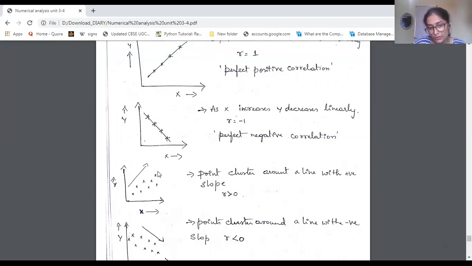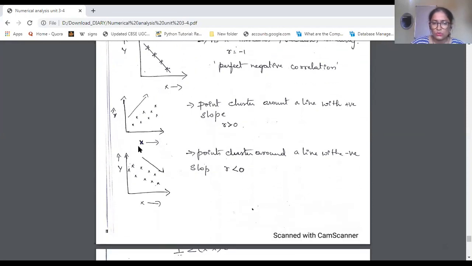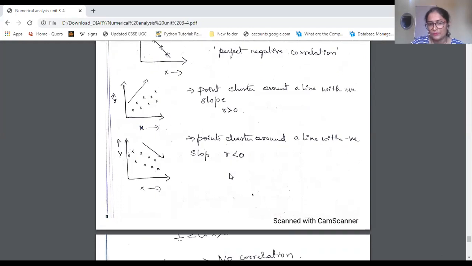Then that particular line will have a slope going upwards. So that's a positive slope. It is not a perfect positive, but it is a value that is greater than 0. R's value will be greater than 0. Here we can see that the points cluster around a line with a positive slope, and in this case the points cluster around a line that has a negative slope, and in this case R is going to be less than 0.